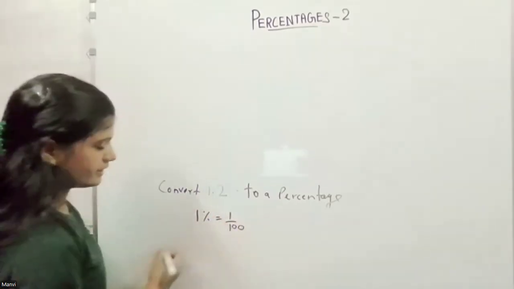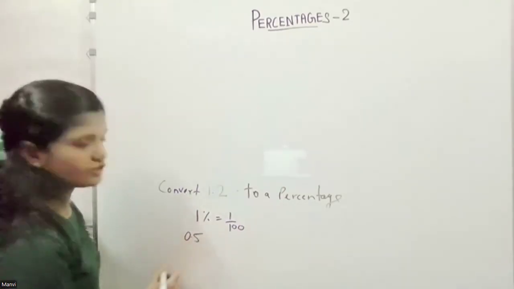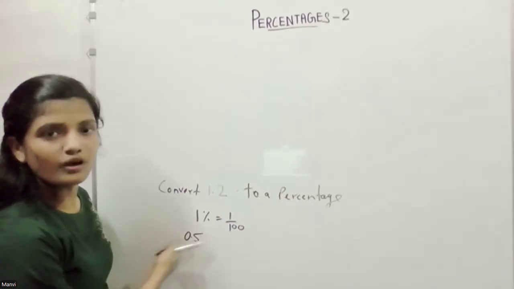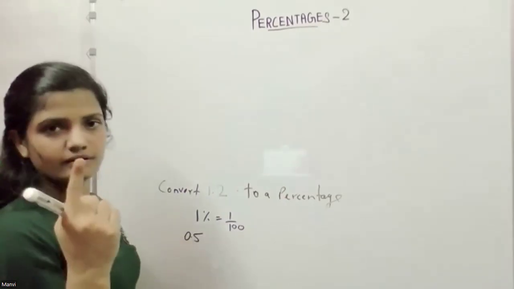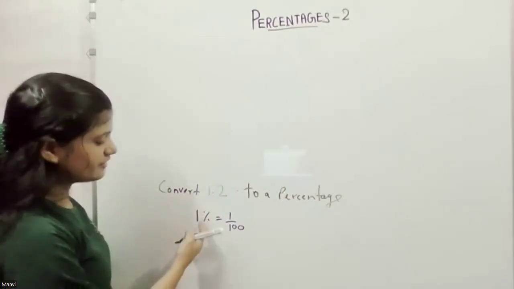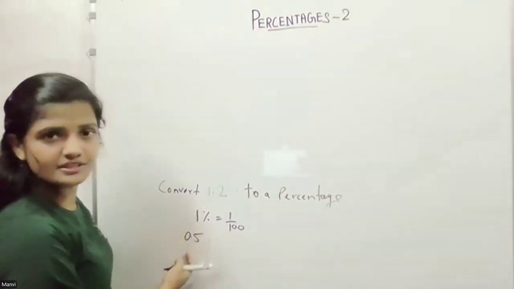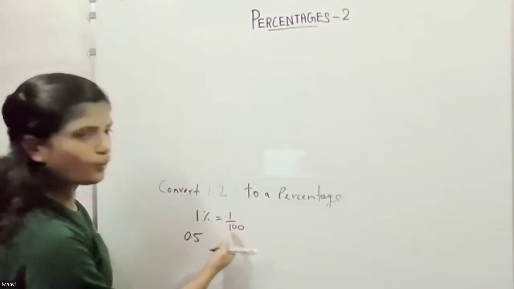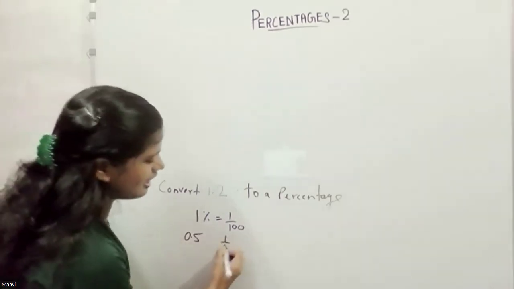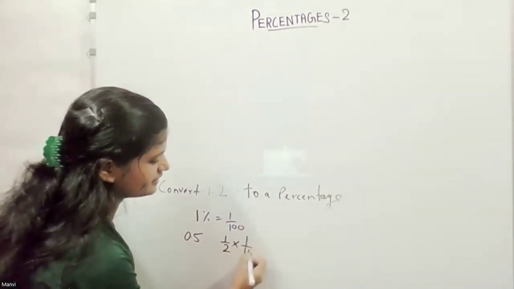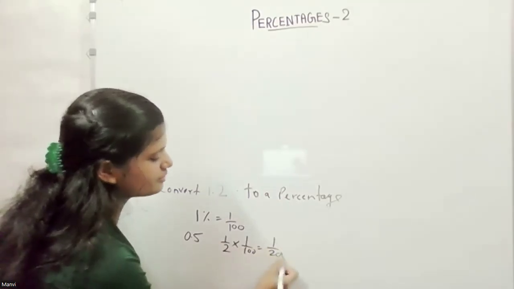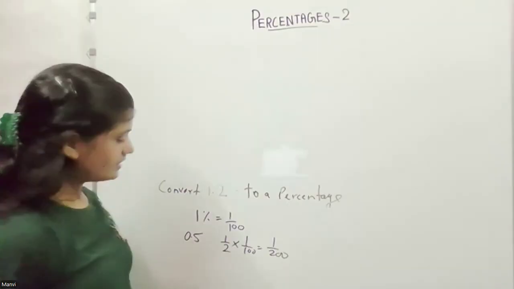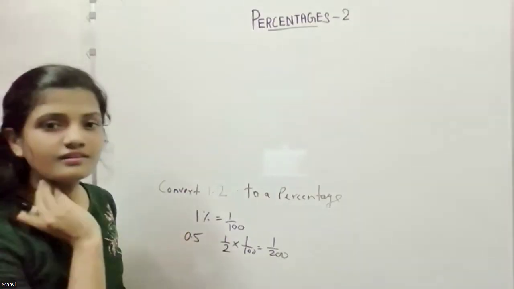So 0.5% is half of 1%, and half of 1/100 will be 1/200.